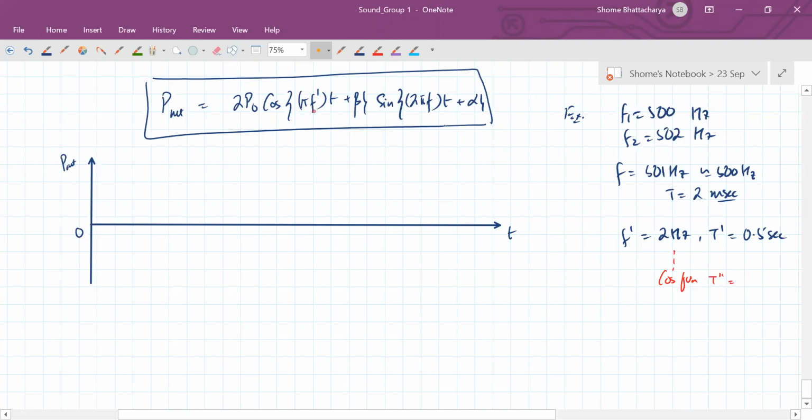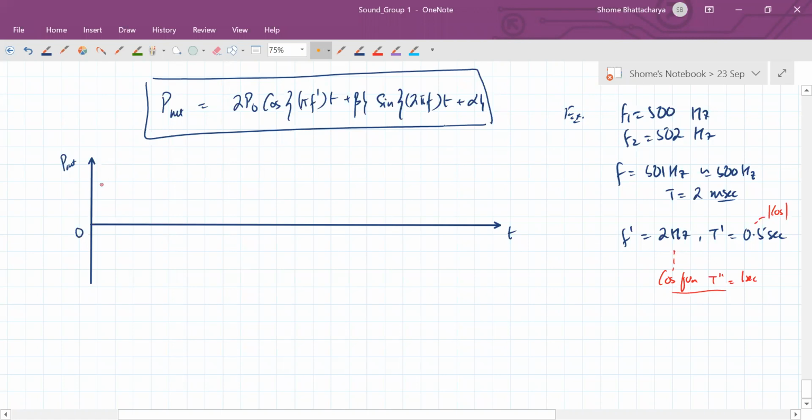This is equivalent to 2 pi into 1, so 1 second. This is the time period for the mod cos function.